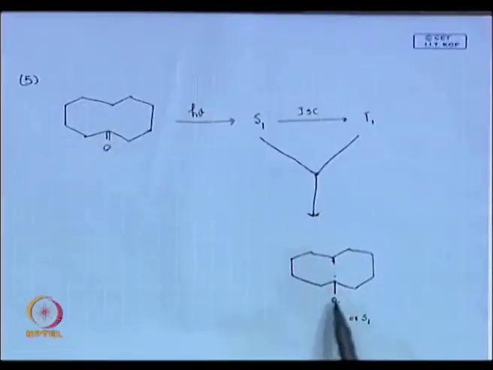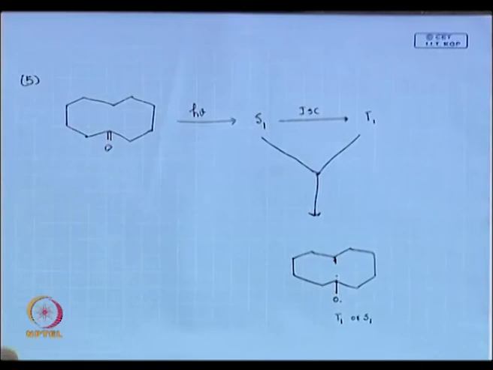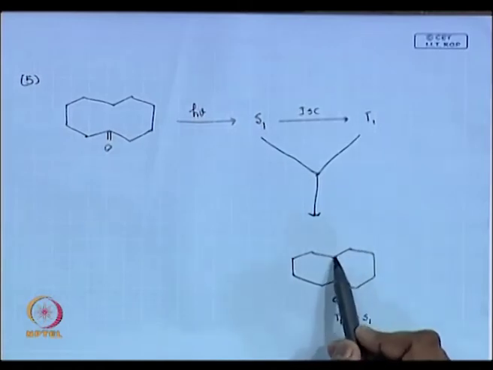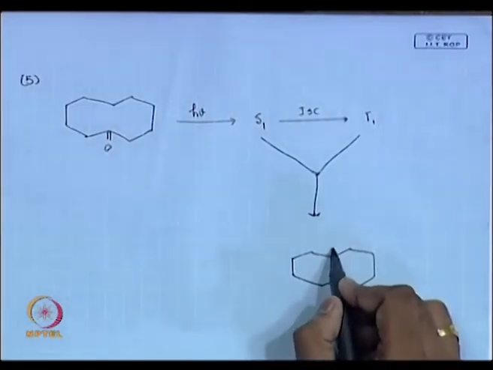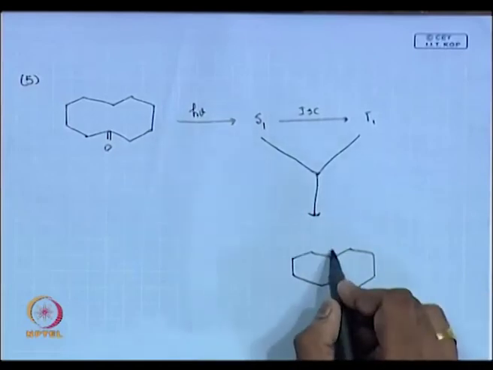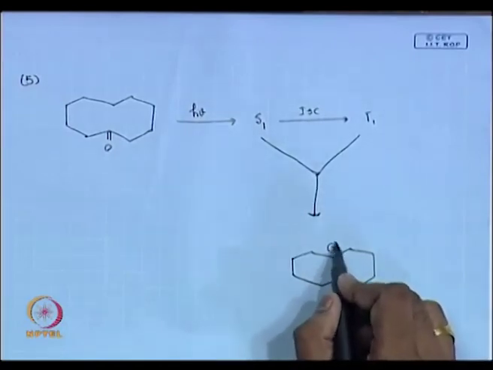After this, what can it do? Hydrogen abstraction, right? So, from where can it abstract the hydrogen? 1, 2, 3, 4, 5, 6, 7. Okay. So, you are saying it abstracts from here. I am just going to write based on what you are saying.